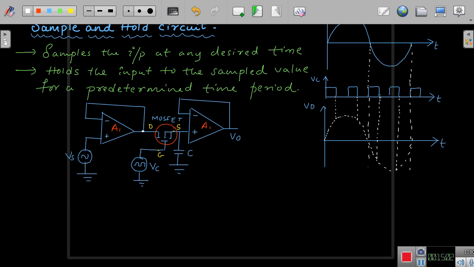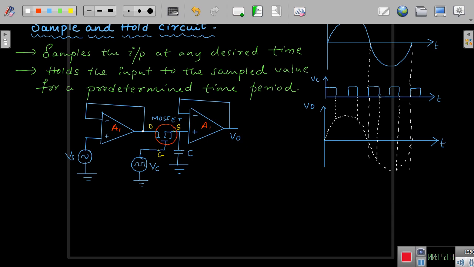The very task of sampling and holding the value for a particular period of time to that sampled value is being taken care of by this MOSFET. This MOSFET plays a very, very important role.